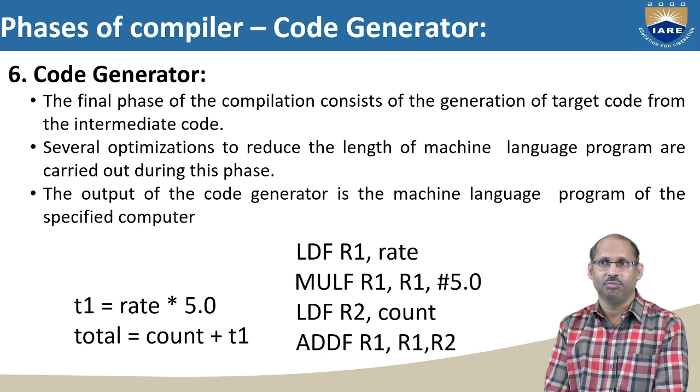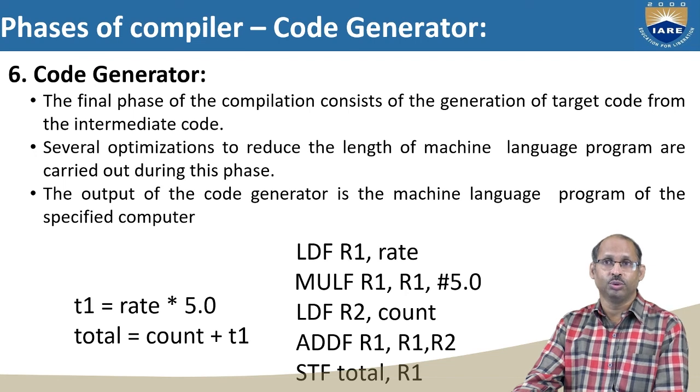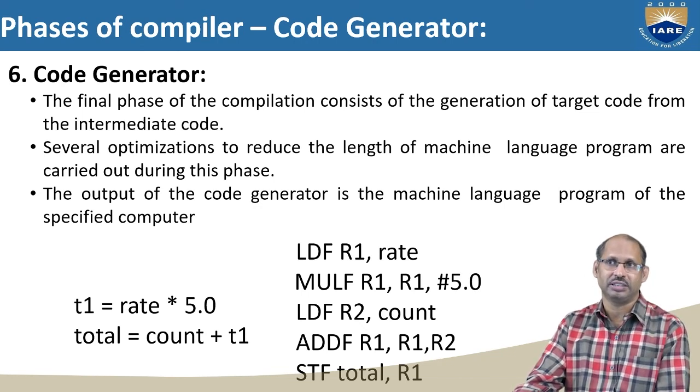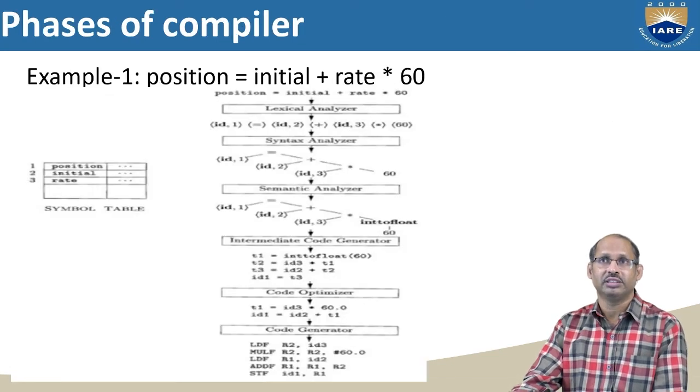So the two statements in the optimized intermediate code are converted to these 1, 2, 3, 4, 5 statements, right? This is the code generator.